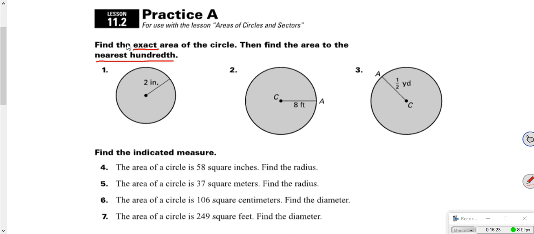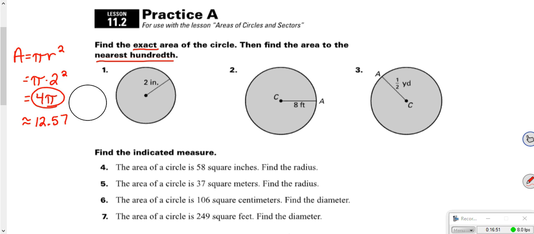So first of all, once again, area equals pi r squared. So this is pi times 2 squared or 4 pi. That's the exact. Then poke that in a calculator, 4 times pi, and you get approximately 12.57. You know what I forgot on this first one?